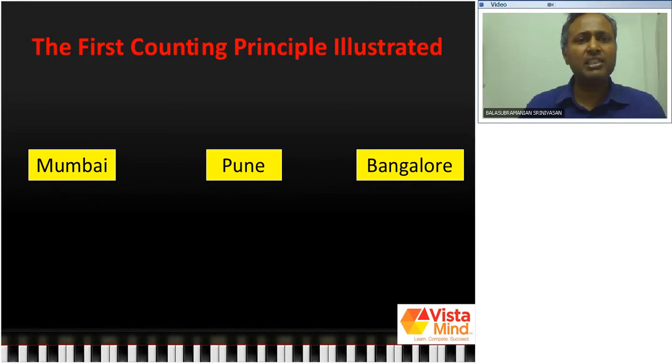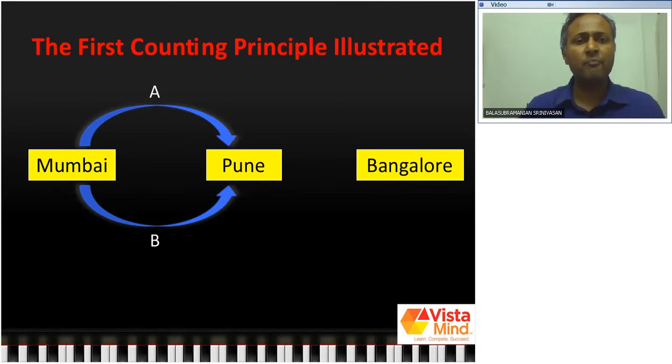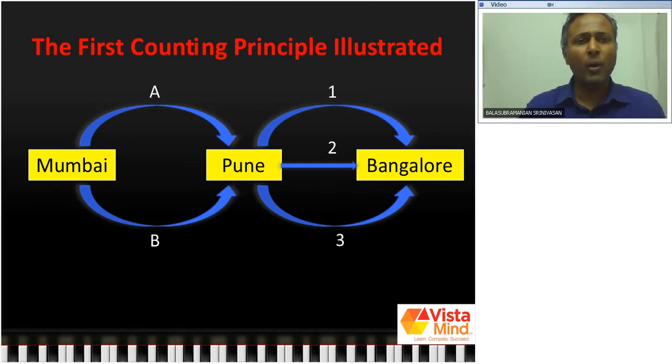Let us illustrate this principle in the same example that we identified a short while ago. As specified in that problem, let us mark the 2 routes that are available to travel from Mumbai to Pune as A and B, and the 3 routes available to travel from Pune to Bangalore as 1, 2, and 3. One way to answer the question is to enumerate all possible combinations of routes that the person may use to travel from Mumbai to Bangalore via Pune, and that is what we shall first do.